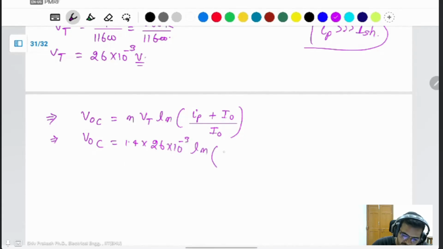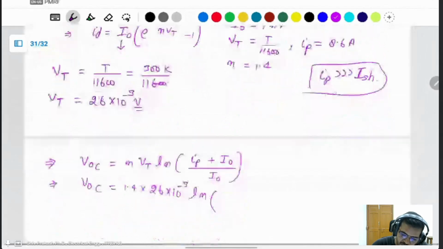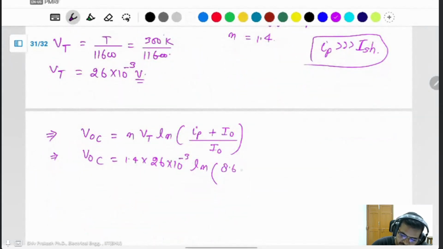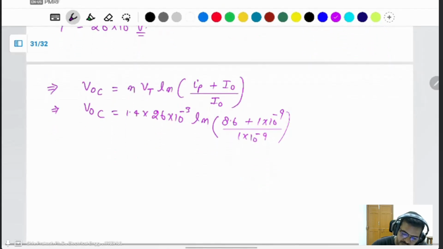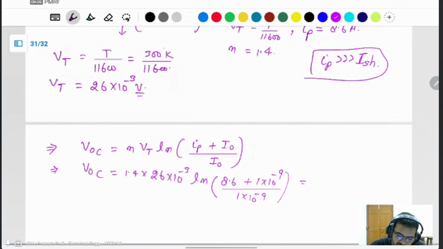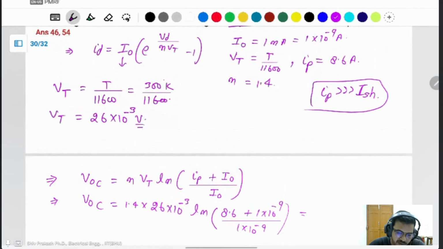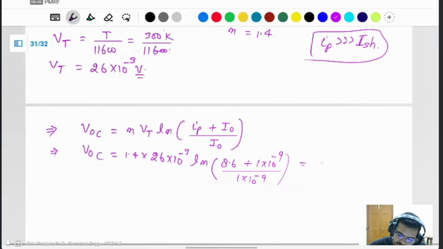IP is given as 8.6 ampere plus 1 into 10 to the power minus 9 ampere. If you calculate this, you will get 0.8326 volt.